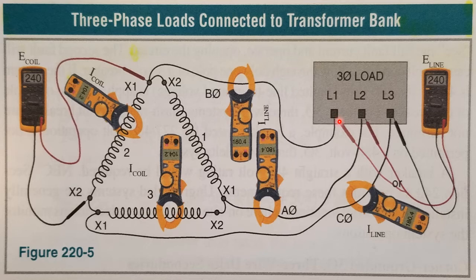However, the line current, 180.4 amps, if you were to divide it by the square root of 3, you would find that you actually have 104.2 amps on each winding. I have 180.4 amps on my lines and only 104.2 amps on my windings. That's what I mean by the amperage is off by the square root of 3.